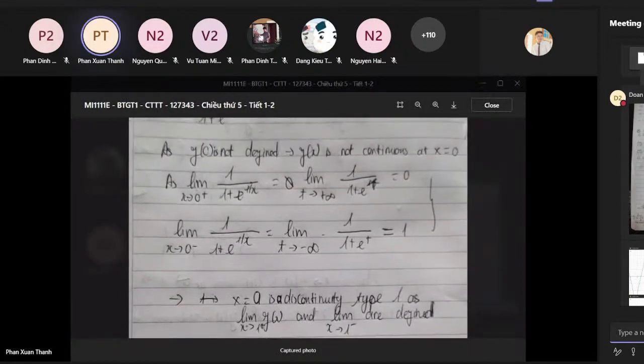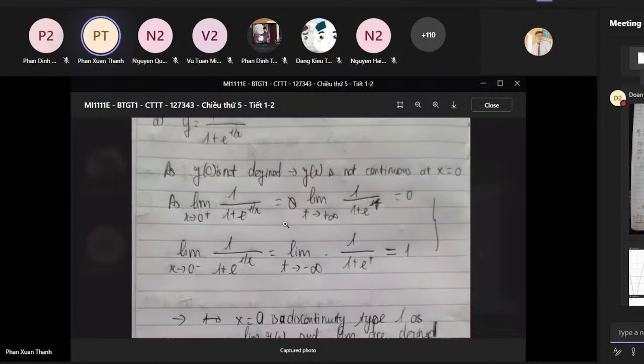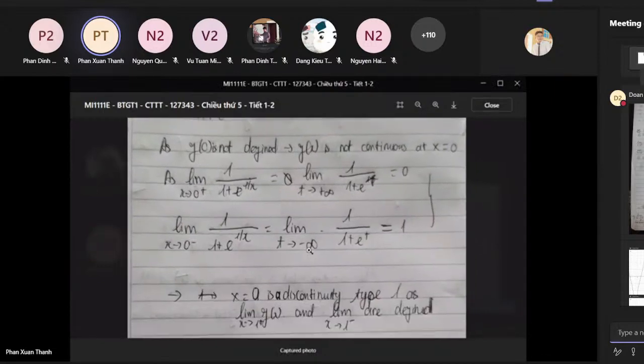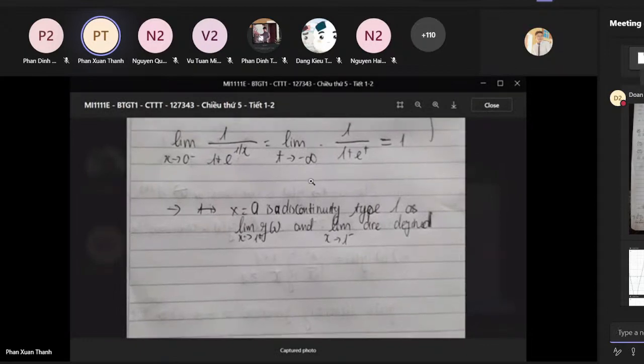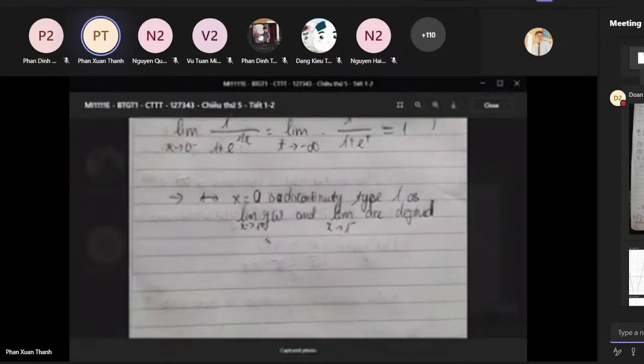Because here we have two parts. The first part we have to find the number where the function f is not continuous. So you can see here the solution doesn't mention the continuity of the function when x is not number 0. And the last one should be number 0, not number 1.